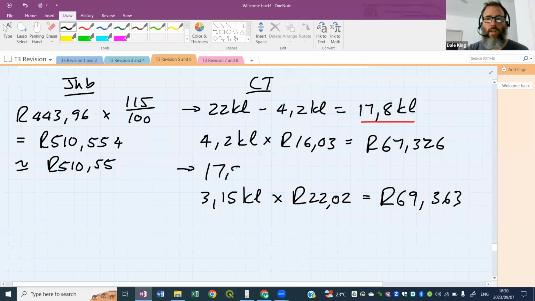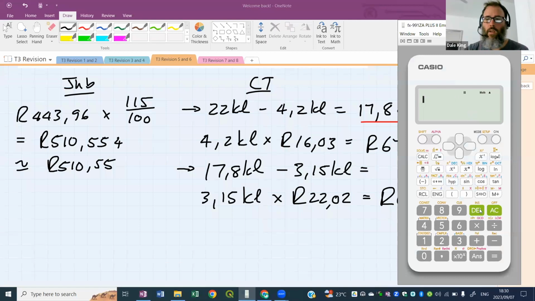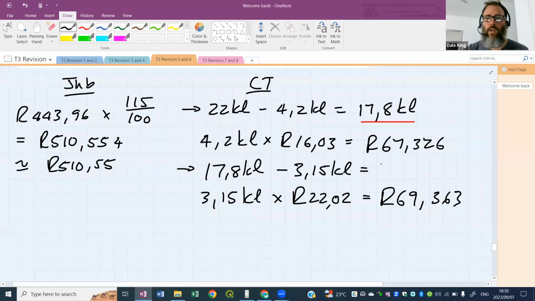We had 17.8 and we had to take off 3.15, which means we have 17.8 minus 3.15, which means we have 14.65. All right, we've got 14.65 kiloliters left.